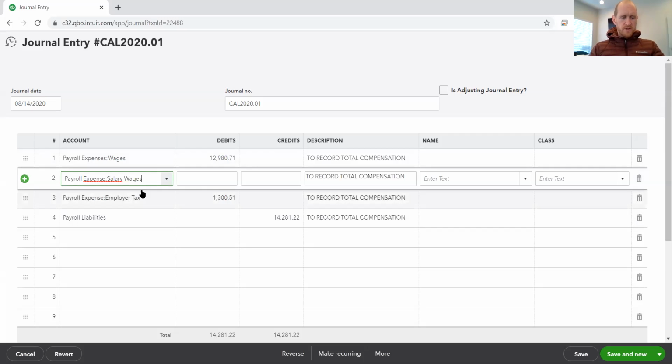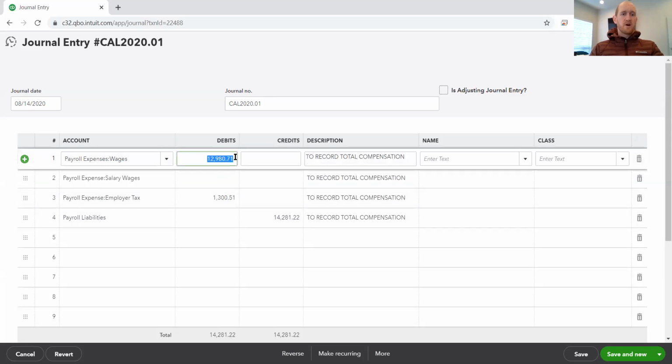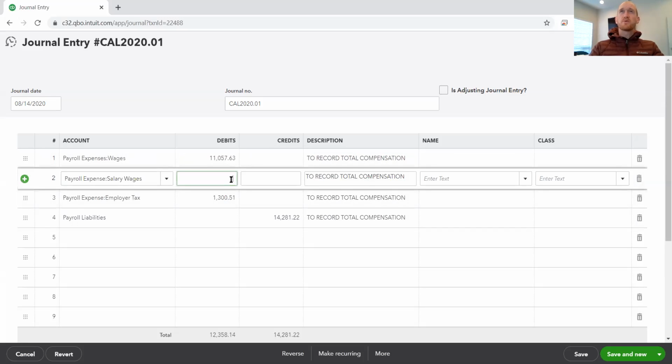Okay. So now I want to do that, and then so one of my guys is on salary, the rest of them are not. Let's say Al is on salary. Okay, I'm going to take his gross out of there. Okay, there we go. And I'm going to put his gross right here.